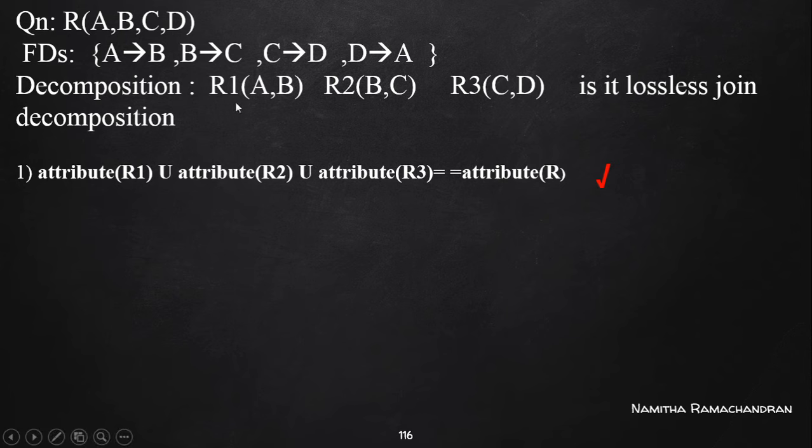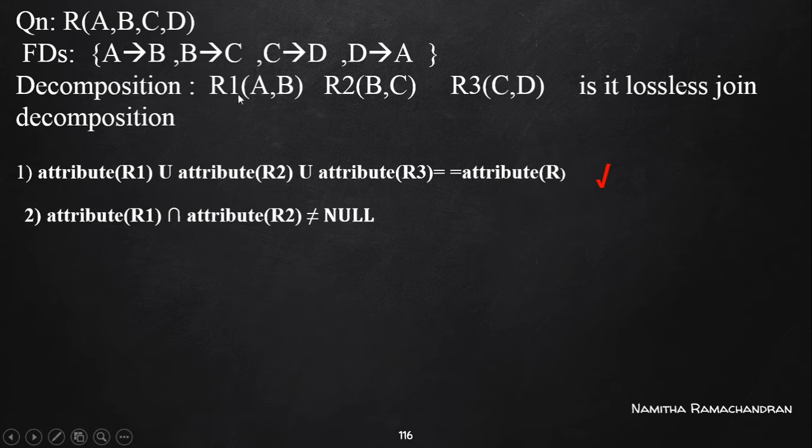Here we have 3 different decompositions. Now we want to check whether a common attribute exists here or not. For that we need to consider a pair of decompositions. That means we need to check R1 with R2, or R1 with R3, or R2 with R3. We need a common attribute between any 2 such decompositions.